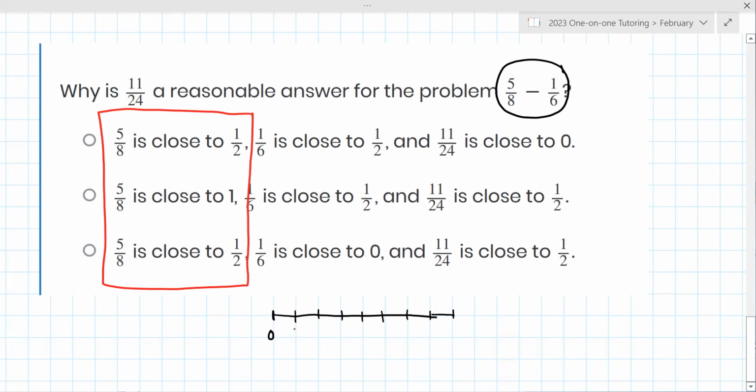So this is 1/8, 2/8, 3/8, 4/8, 5/8, 6/8, 7/8, 8 over 8, and 8 over 8 is 1. So there's 5/8, and there's 1/2. Is 5/8 closer to 1/2, or is it closer to 1? 1/2. So it's either this one or this one. Would you agree?